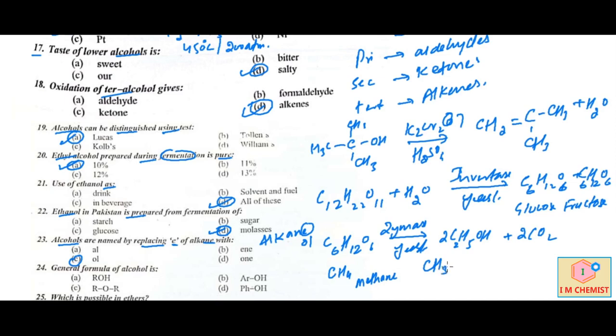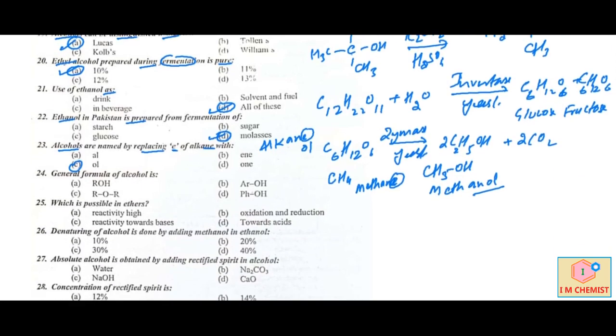And if you have CH3OH, this would be methanol. You have to replace this E with OL. So option C in MCQ number 23 would be correct.